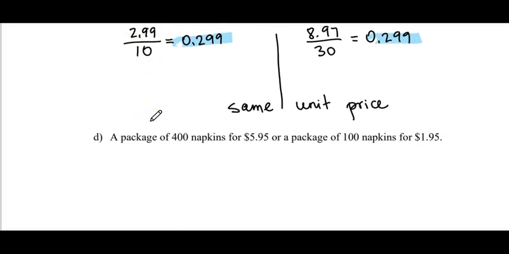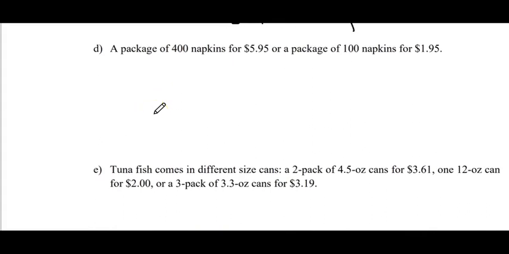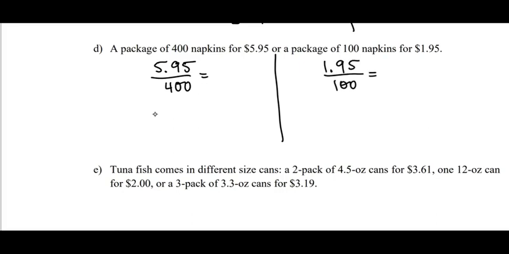So we have part B. We have a package of 400 napkins for $5.95 or a package of 100 napkins for $1.95. So let's figure out the price per napkin: for the 400 napkin package, $5.95 over 400, versus $1.95 over 100. Okay, so $5.95 divided by 400 is going to give you 0.015. I'm going to use 3 decimal points.